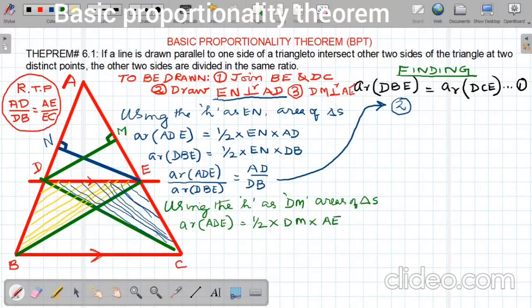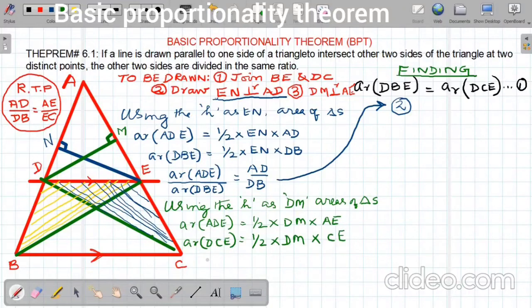Similarly, the area of triangle DCE, with this as the height, is equal to half of the same height DM into the base CE.